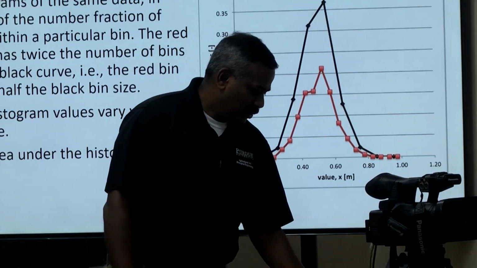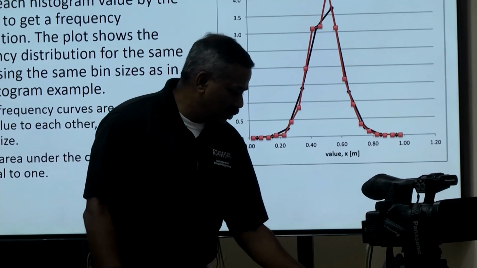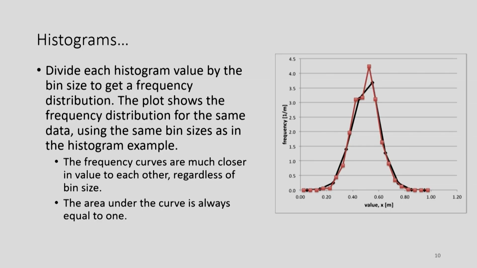Okay. So to avoid that, we use the same bin sizes, divide by the bin sizes and get the frequency distribution. So when you plot frequency distribution instead of histograms, irrespective of the bin size, you get identical distributions. So when you are measuring particle size, make sure you're not plotting a histogram but plotting a frequency distribution.